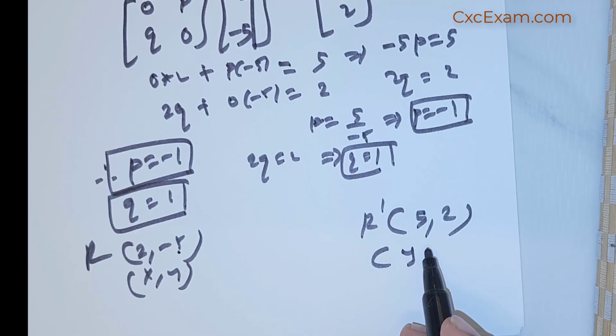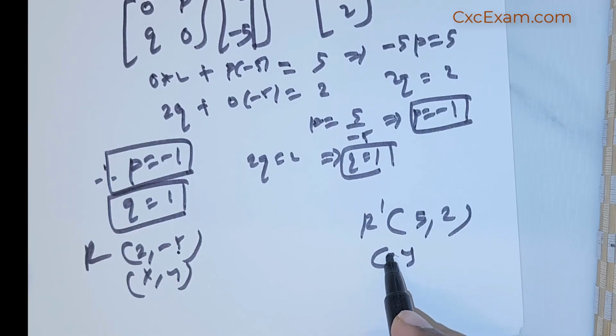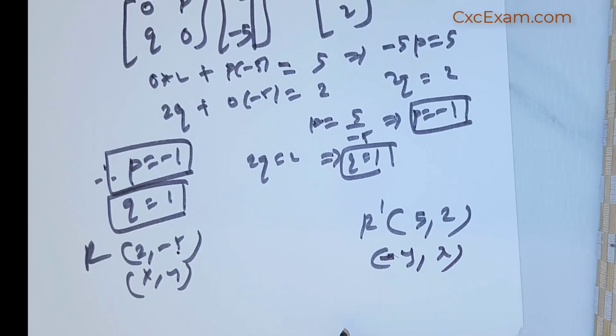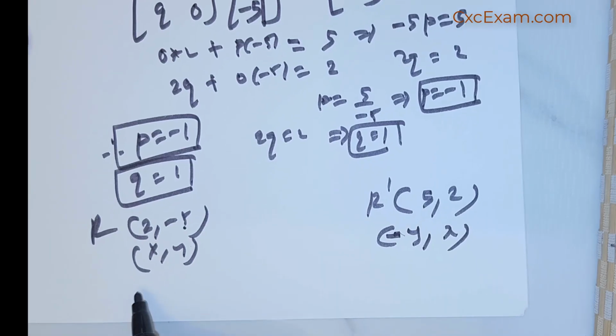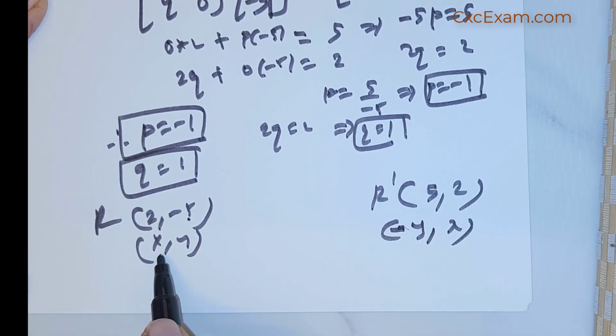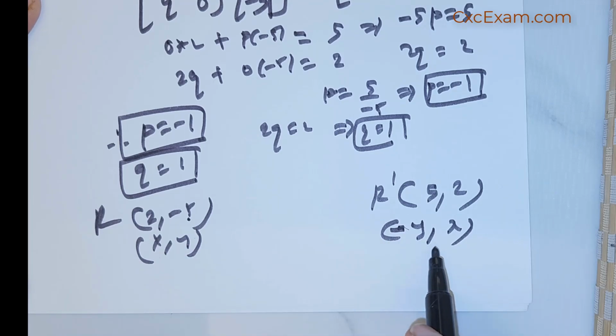Okay, so this is my new value. So this is going to be negative y comma x. Right, so we will have to make the conclusion. Okay, so what happens here, x comma y is moved to negative y comma x.